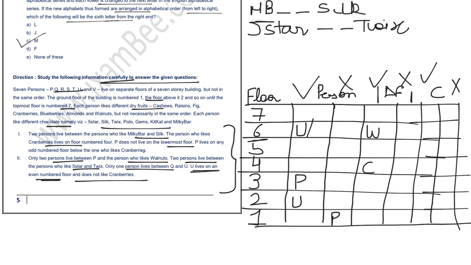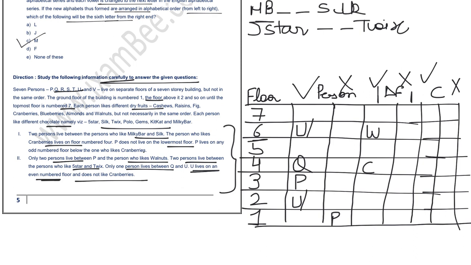But we are not sure about U as of now, but we know that only one person lives between Q and U. So the only possibility for Q is this one, right? You can try putting other values as well, but the only possibility wherein you can place Q is at floor number 4.